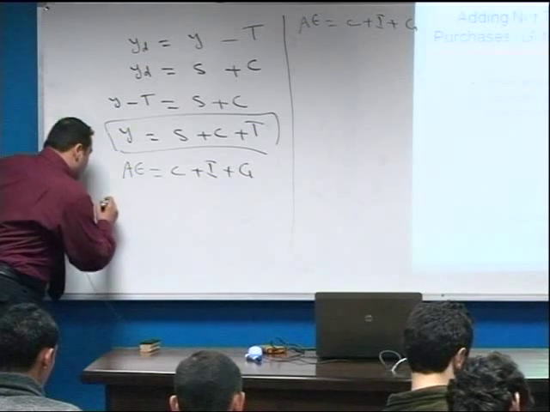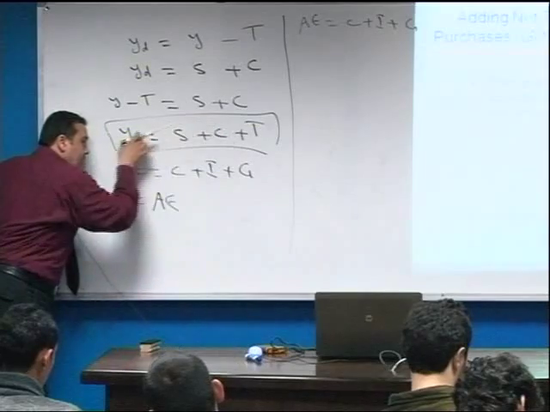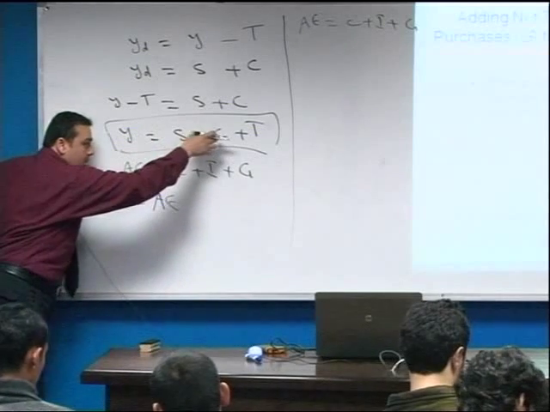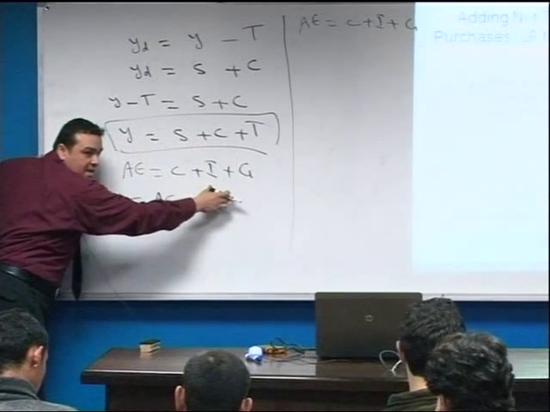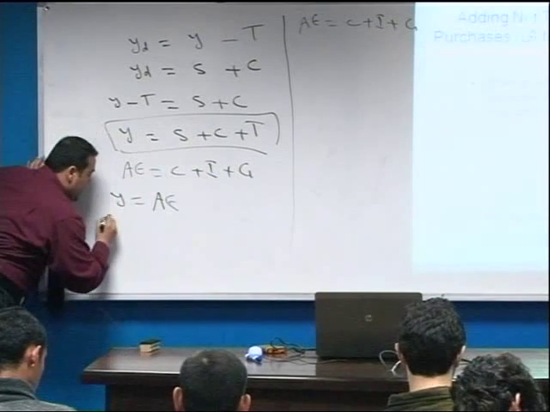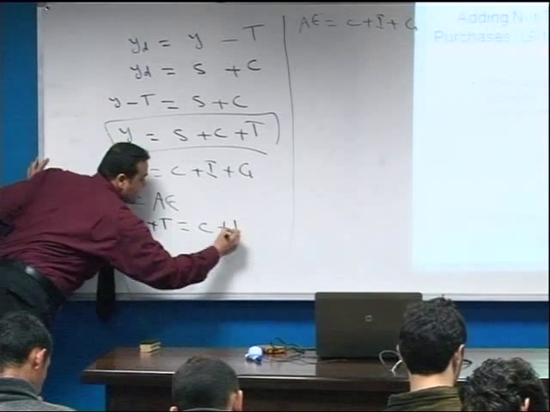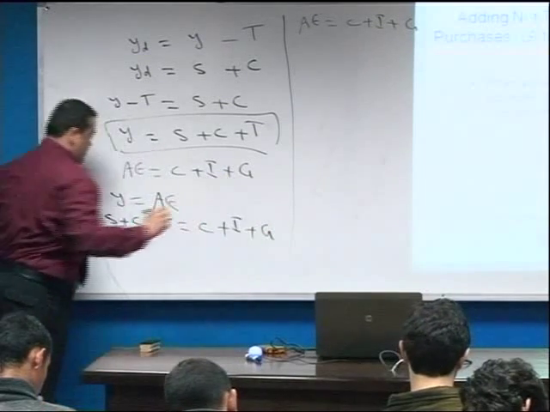So this side must equal this side. So at this point, S plus C plus T equals C plus I plus G.